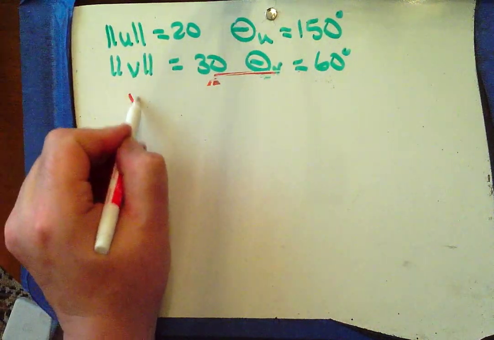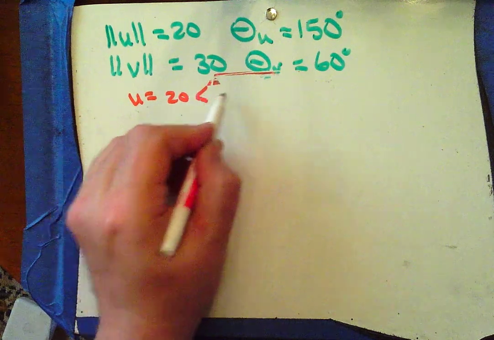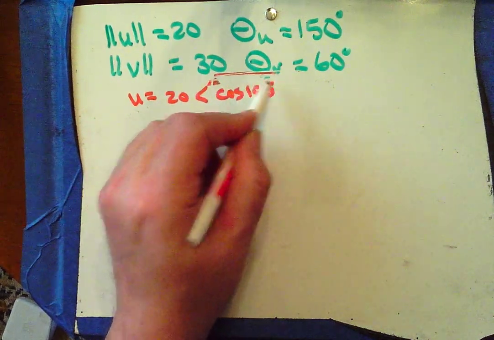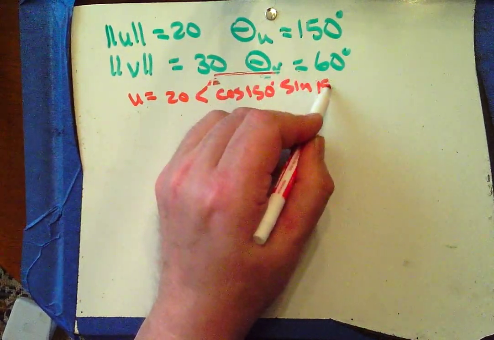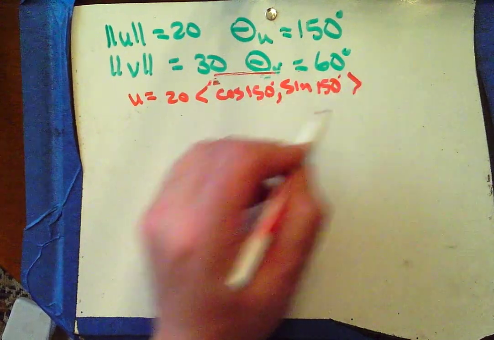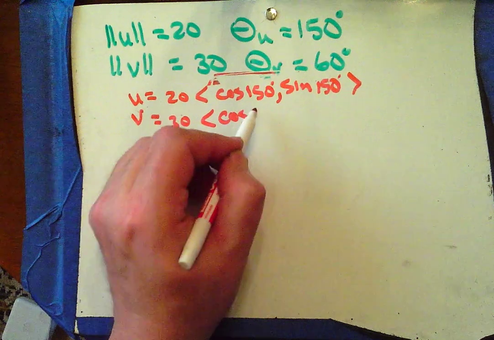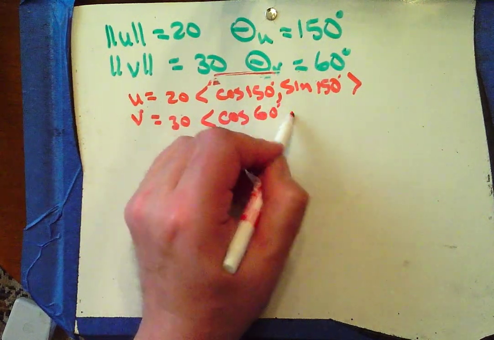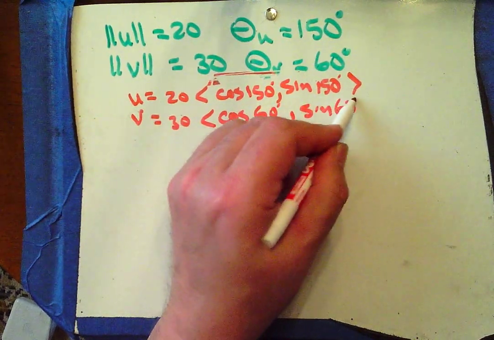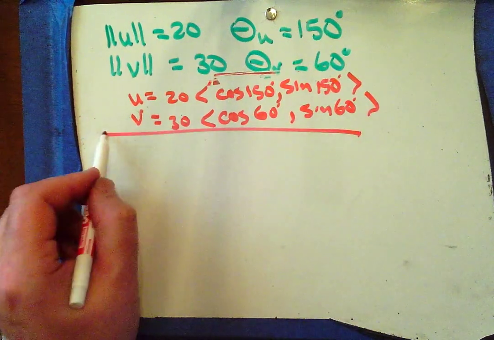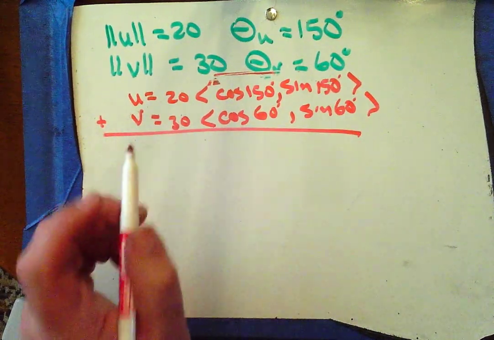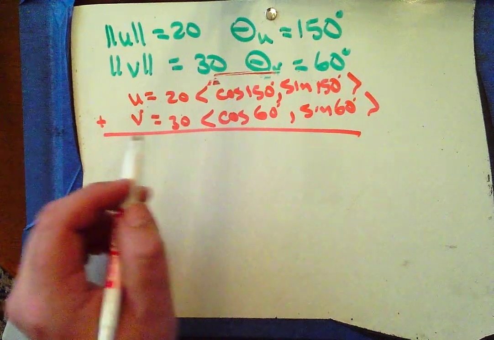Let's see. So u is 20 cosine 150, sine 150, and v is 30 cosine 60, sine 60. So we want to add those, but we can't add them until we tidy them up a bit.